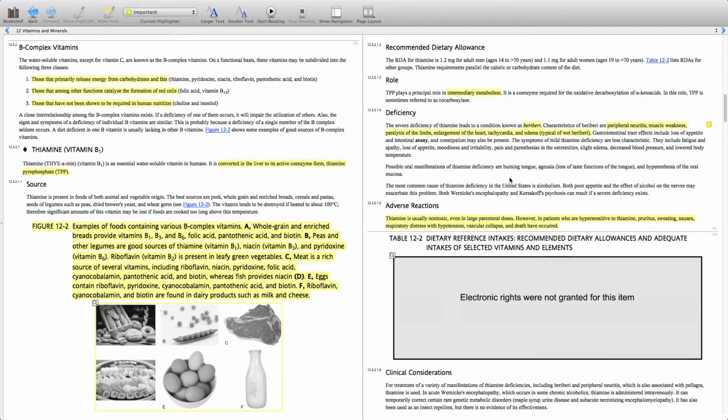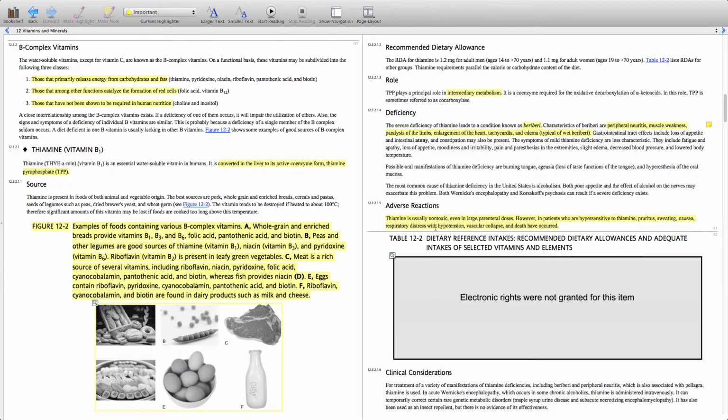So, let's see here. Thiamine is usually non-toxic, even in large parenteral doses. However, in patients who are hypersensitive to thiamine, you may see pruritus, sweating, nausea, respiratory distress with hypotension.